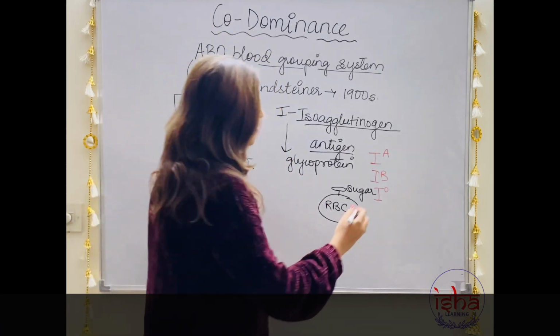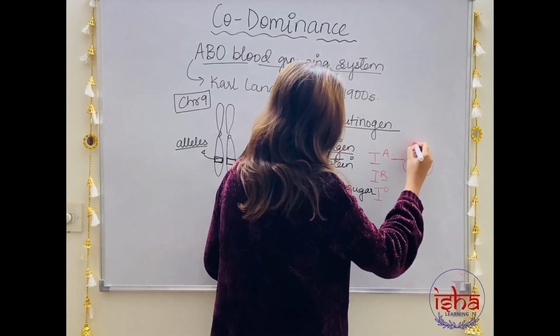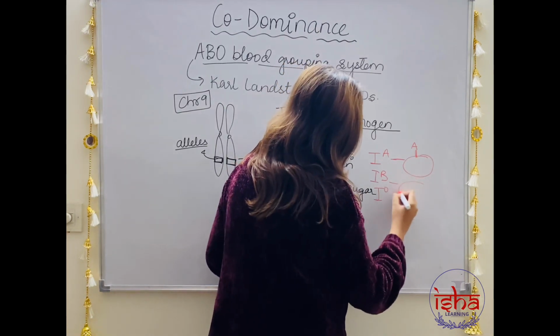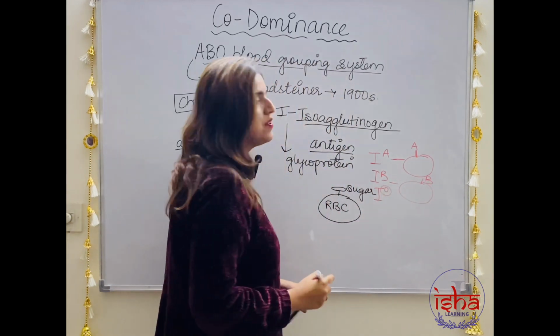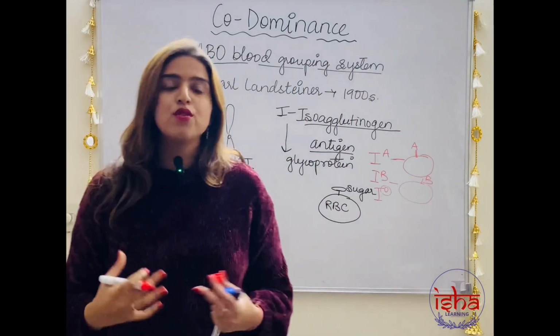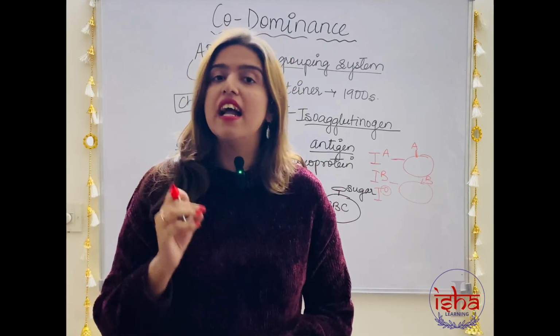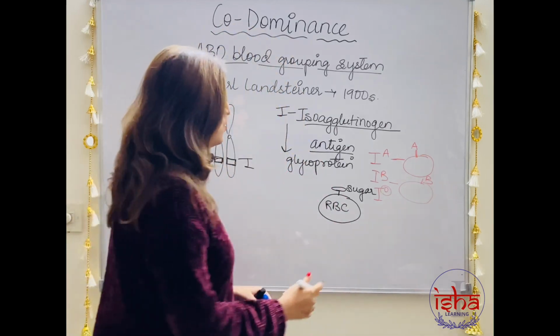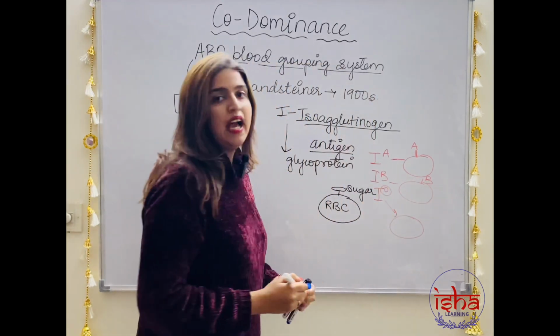In the case of IA, the surface of RBCs is going to have the A-type sugar, IB the B-type sugar, and in the case of IO, it represents a null situation. So I will have an RBC which is not going to have any antigen on its surface, just my RBC devoid of any such antigen.